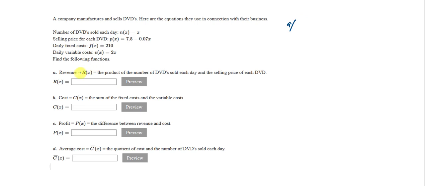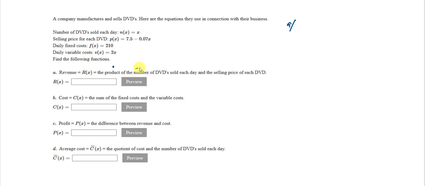We are asked to find the revenues, which is the product of the number of DVDs sold each day and the selling price. The product means multiplication. The product of what?